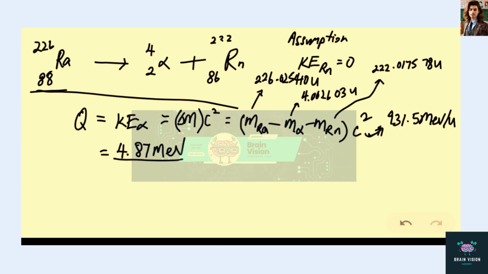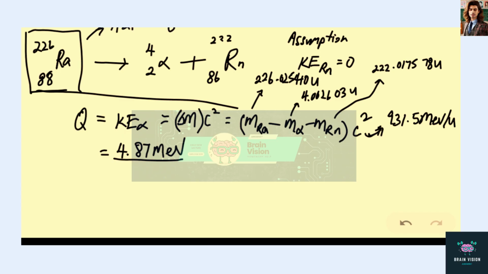From here, we need to look at the conservation of momentum to find the momentum of the daughter nuclide and the alpha particle. We are assuming that the initial radium was stationary.